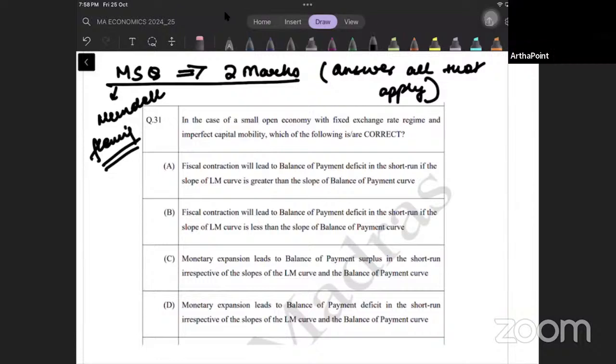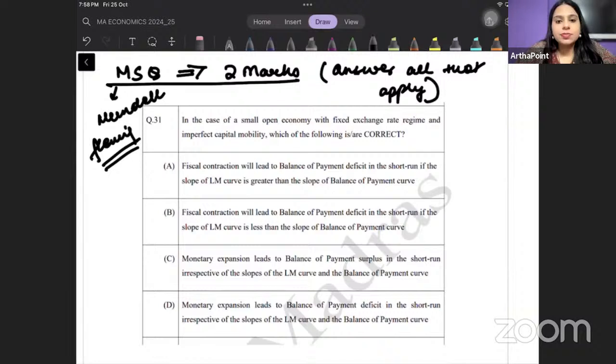Go option wise. What do you think? What will happen to the first option? Anyone?